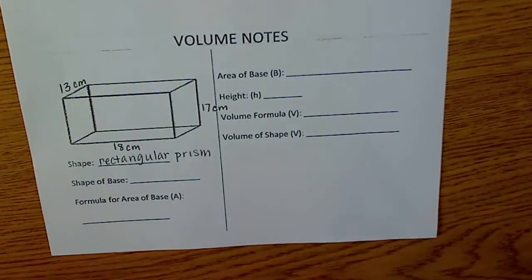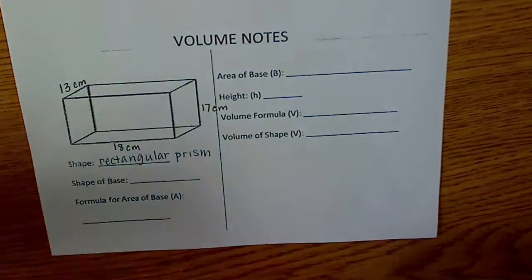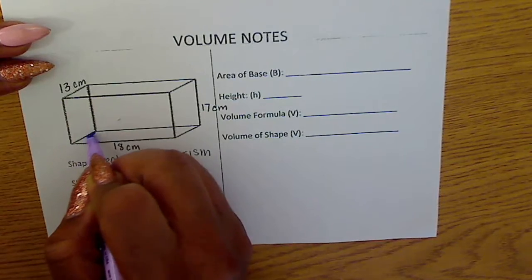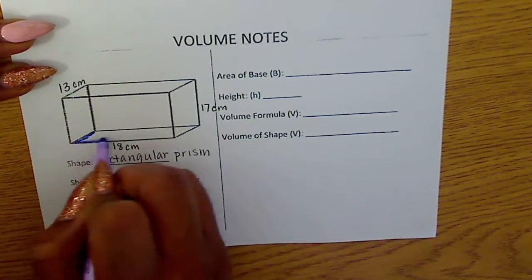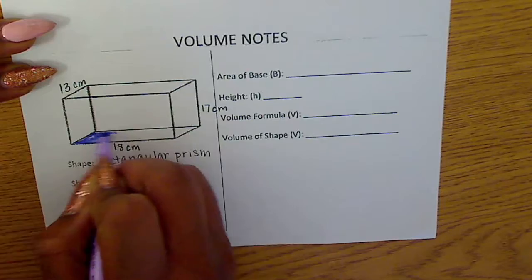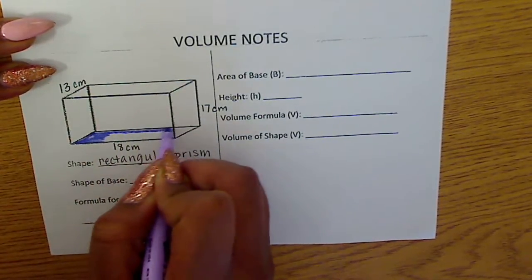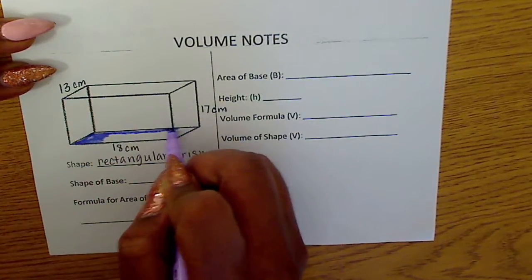Now first, what is the base of this shape? The base of a rectangular prism would be this right here. So on your notes, if you could shade this area as well.